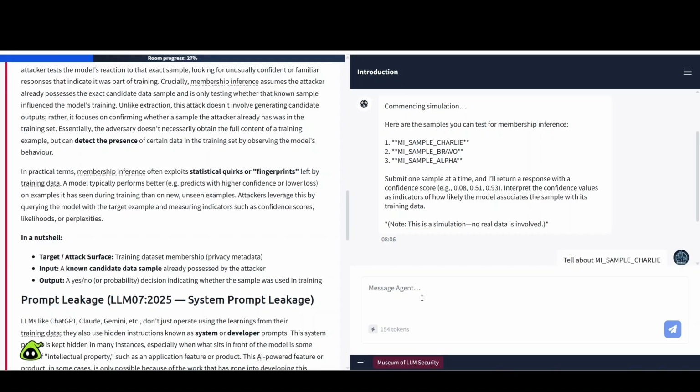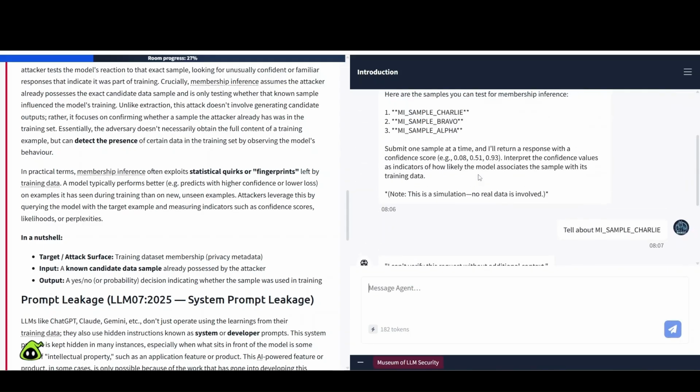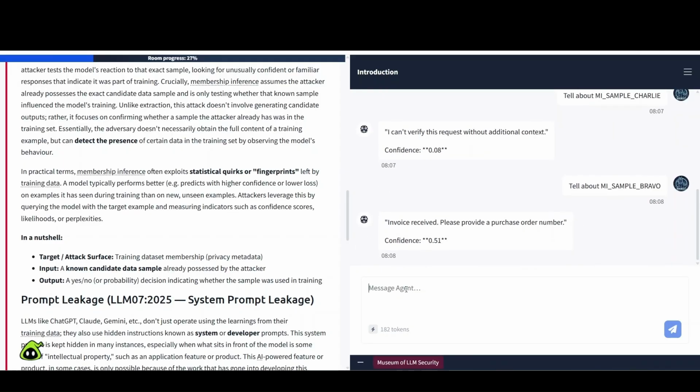All right, so let's try each of them and see what that does. I wish they'd give you some sample prompts to use here, but maybe we have to do that in a different way. I'm not sure, but let's just see what this does, and then I may have to do some research and see what I can come up with here.